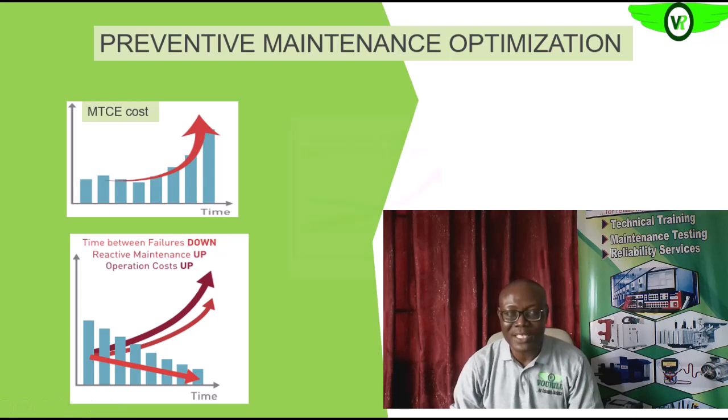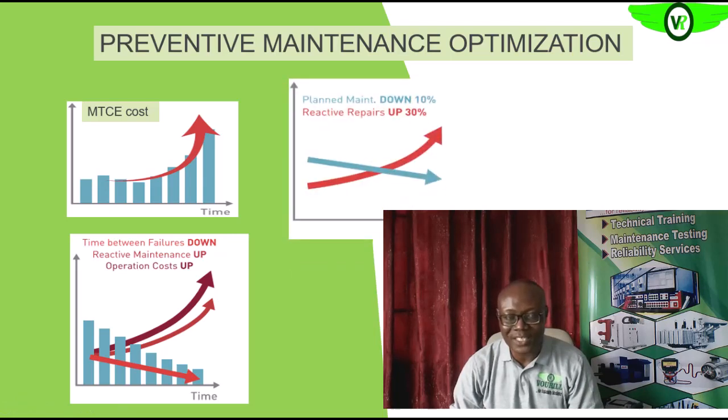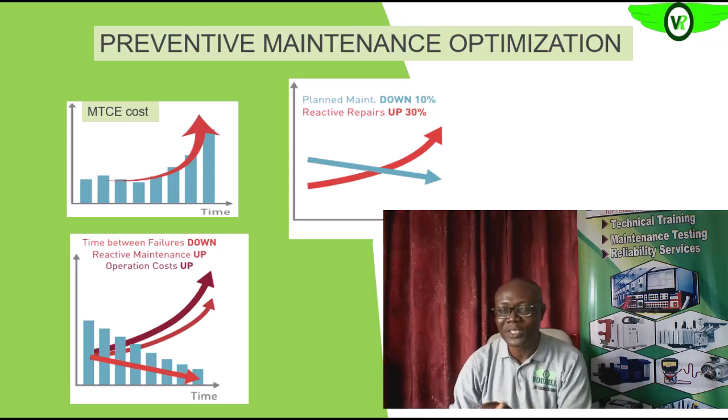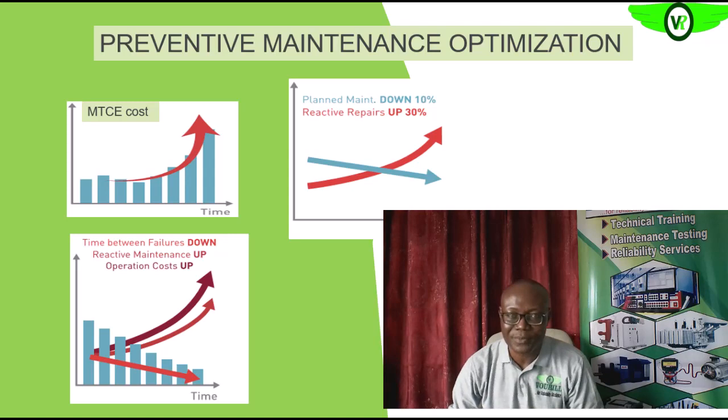Then if your planned maintenance is going down, remember our planned maintenance should be more than 90% of the total maintenance program, or the total maintenance executed on the facility, for us to meet that world benchmark.